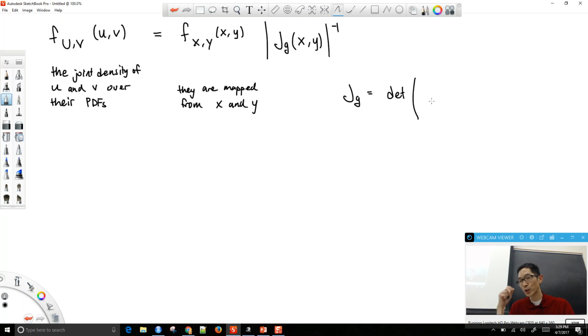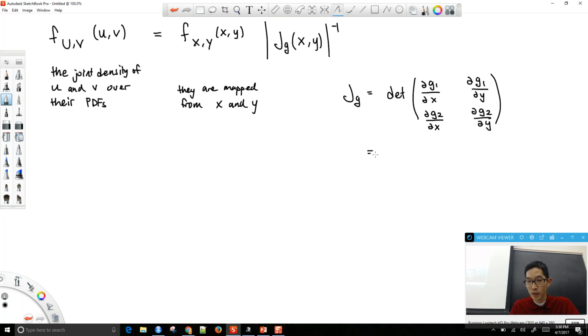Okay, and so for functions of two variables, this is going to be the partial of function 1 with respect to x and the partial of function 1 with respect to y, the partial of function 2 with respect to x, and the partial of function 2 with respect to y.